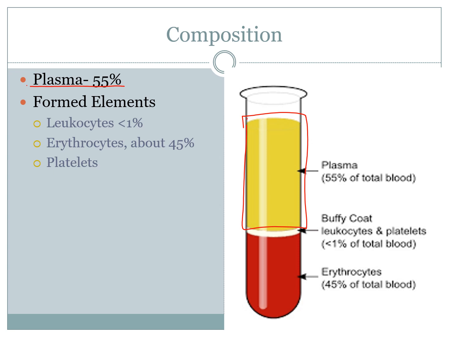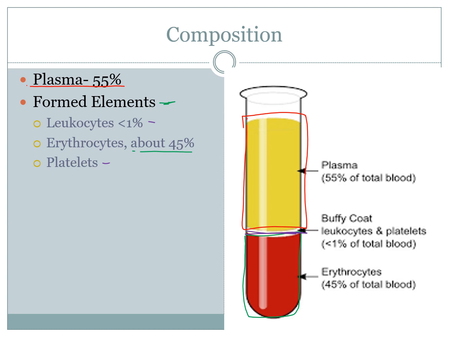What else we have inside the blood is formed elements, a series of different cell types that make up the rest of the blood. The majority of those are the big heavy erythrocytes, or red blood cells, generally around 45%, and that leaves essentially the buffy coat, which is made up of leukocytes and platelets, which only contribute about 1% of the total blood that you find.